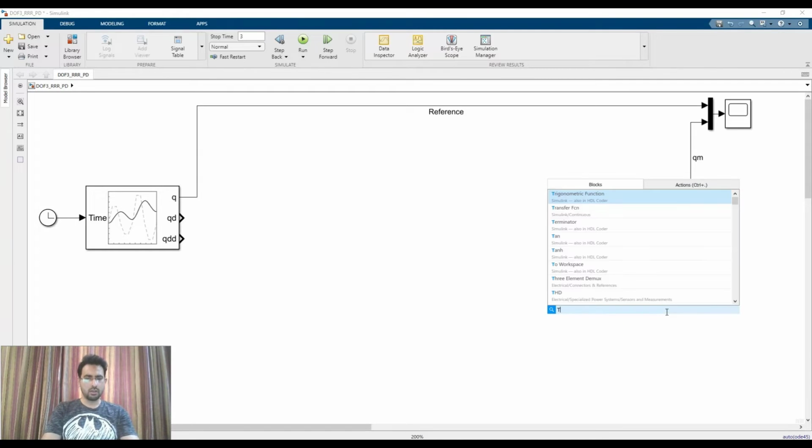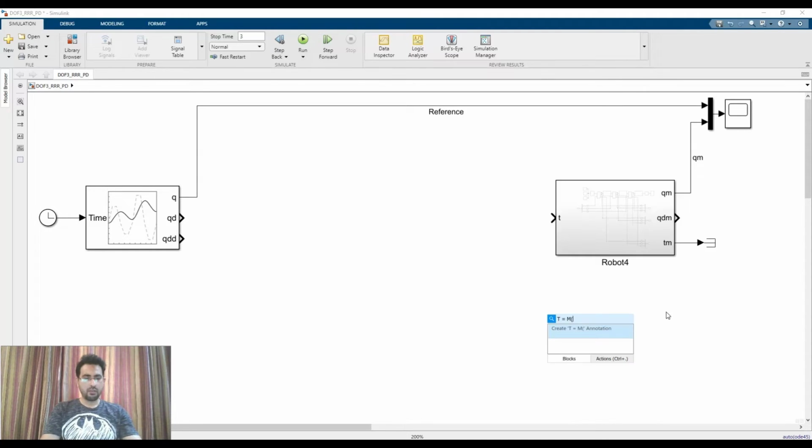We need a torque, and that torque was the sum of 3 different torques. The first one was mass multiplied with required acceleration, that is q double dot, plus Kd into error derivative, or I can say that it is desired velocity minus measured velocity.